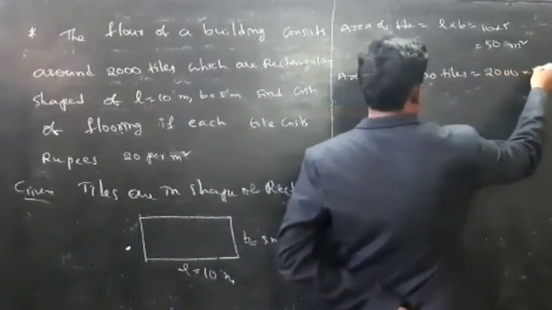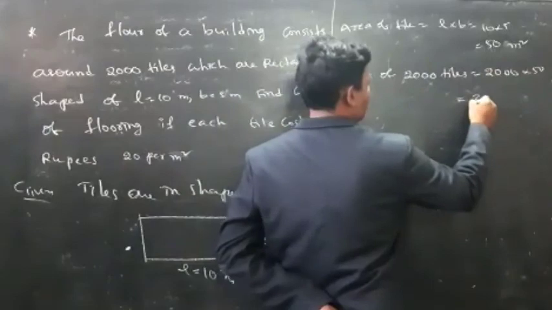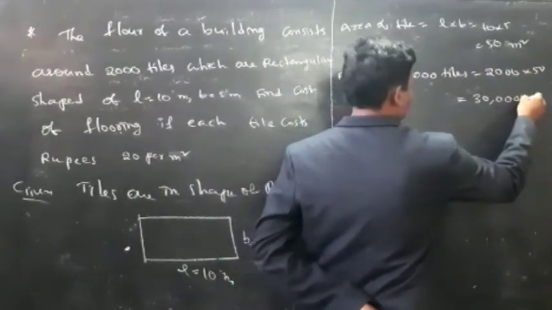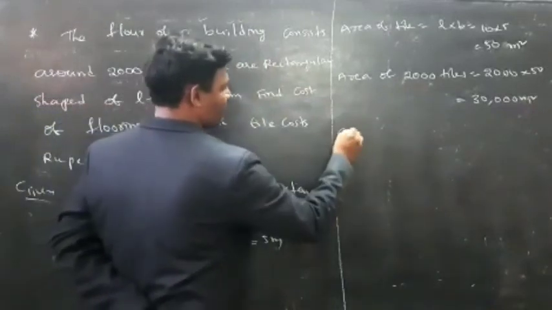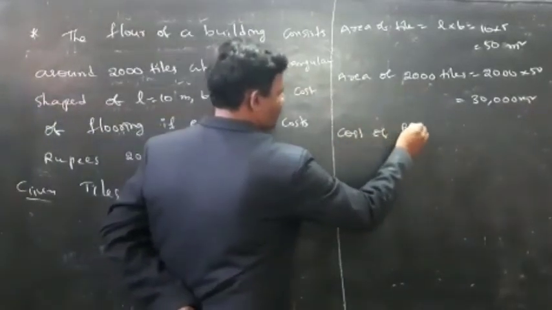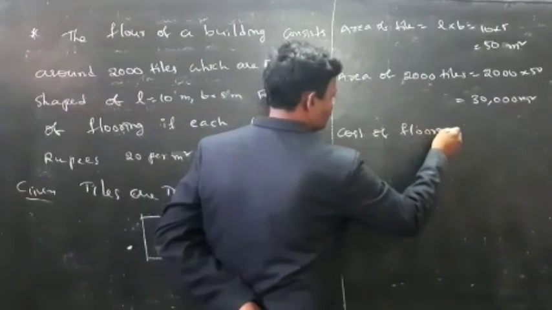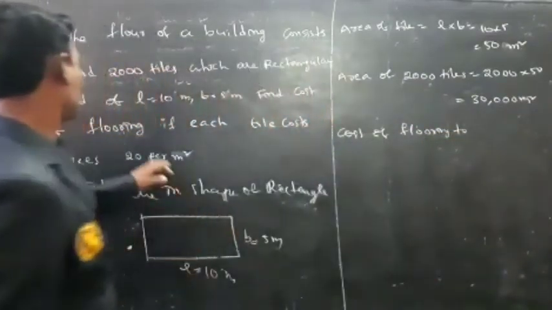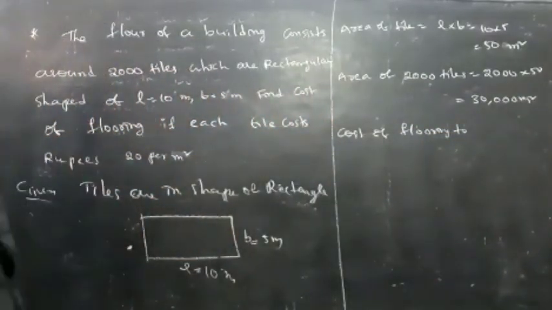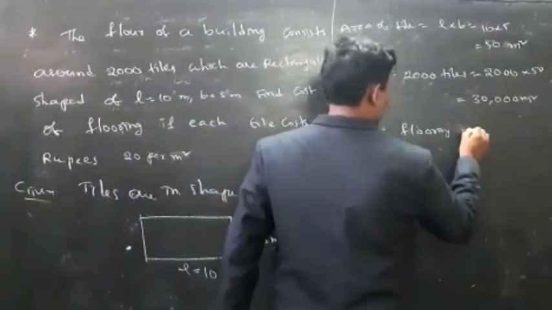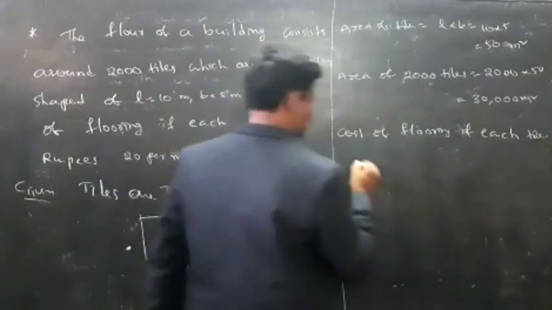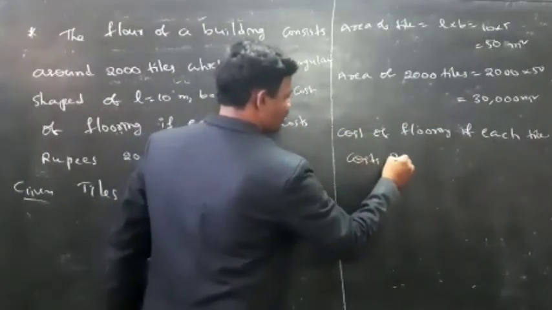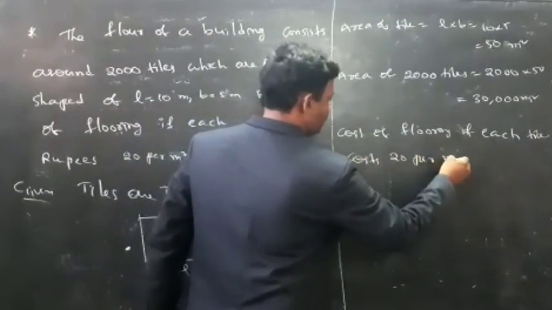2000 into 50 is equal to 100,000 meters square. Now what is the cost of flooring? Each tile costs 20 per meter square.